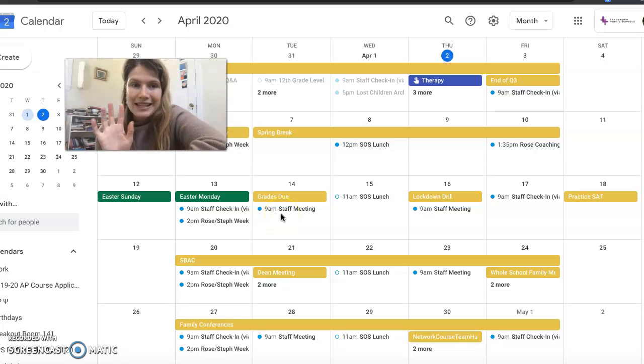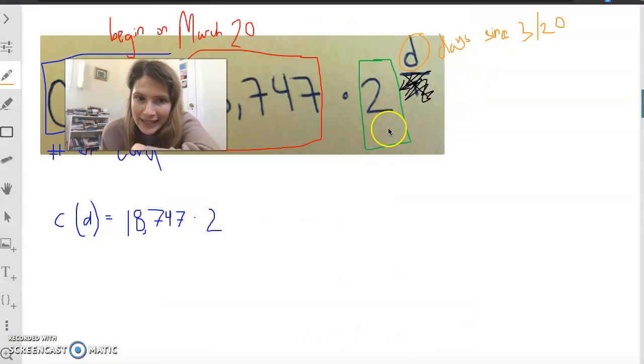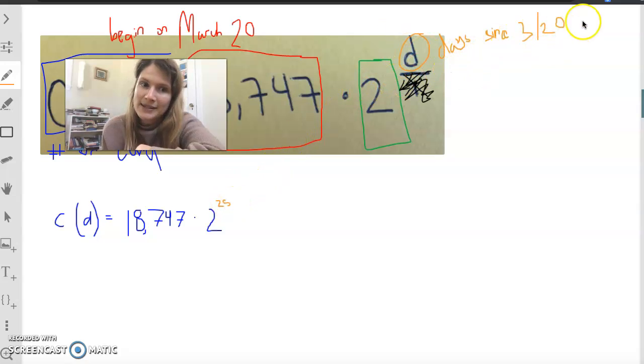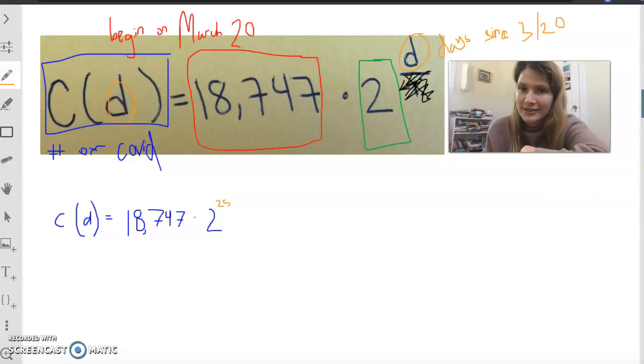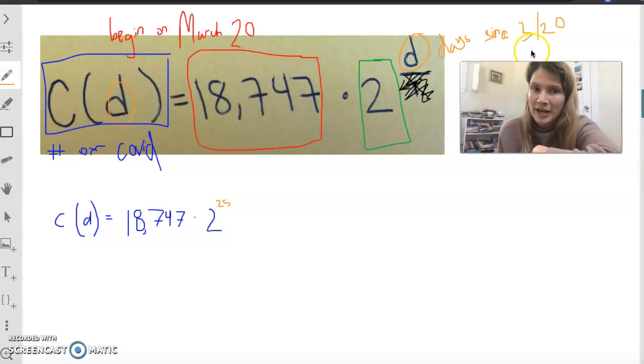So it's been 25 days on April 14th. So I'm going to go ahead and plug in 25 for my exponent, plugging in 25 for my D. D represents how many days it's been since March 20th. And on April 14th, it's been 25 days since March 20th.